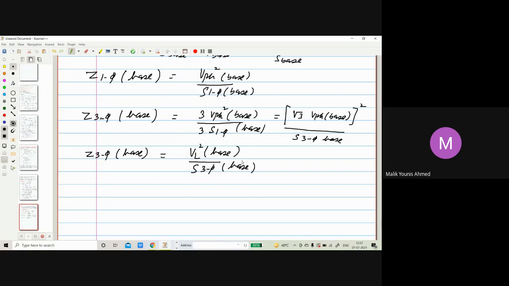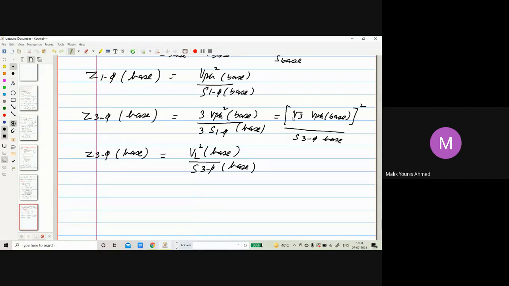I hope this is clear. In a single phase, V phase square divided by single phase base, multiply and divide by 3. This becomes the base for the three phase complex power, and in the numerator we can write under root 3 V phase whole square.